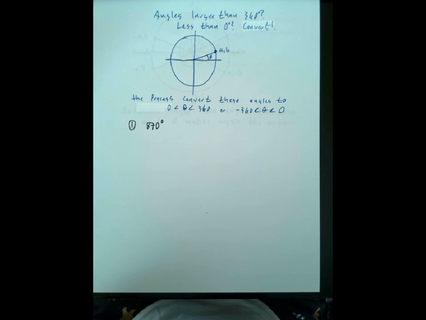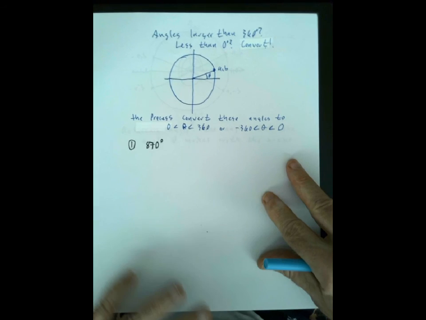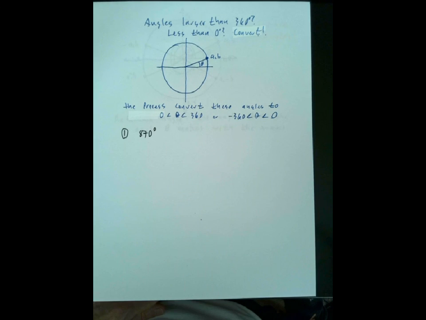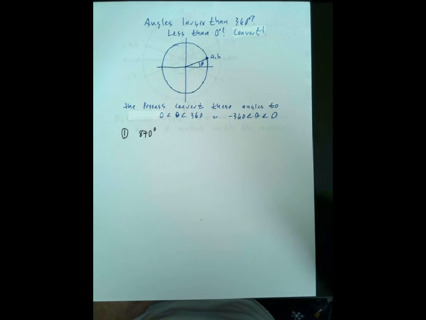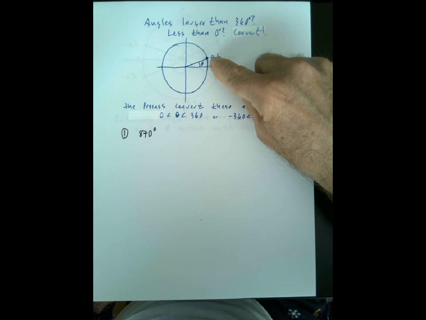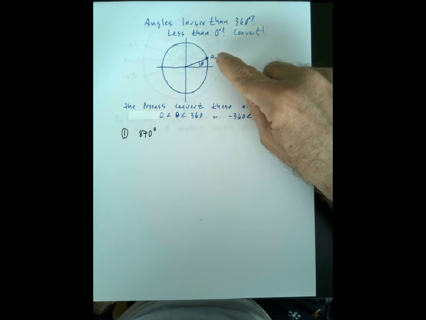Now what about angles bigger than 360 or less than 0? You remember that this unit circle sort of constitutes a weird kind of number line.